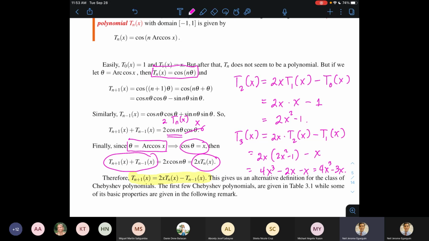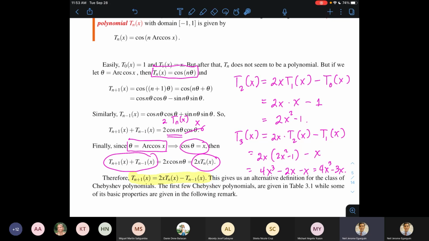And then you see here that the process will go on, and at every iteration, we will get a polynomial. Kasi nangyayari lang naman, you have two previous polynomials, t sub n and t sub n minus 1. Yung t sub n, minumultiply ko lang ng 2x, so I'll get a polynomial back. Polynomial minus polynomial will become another polynomial.